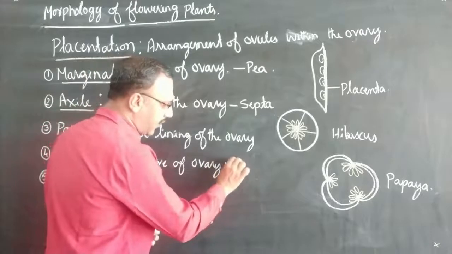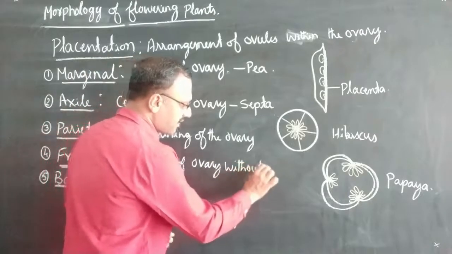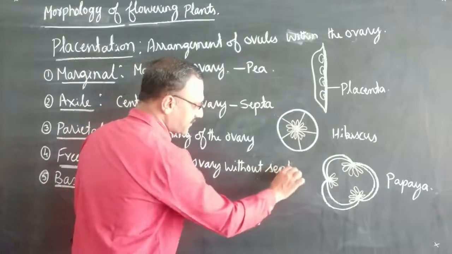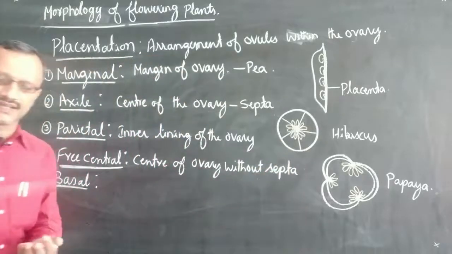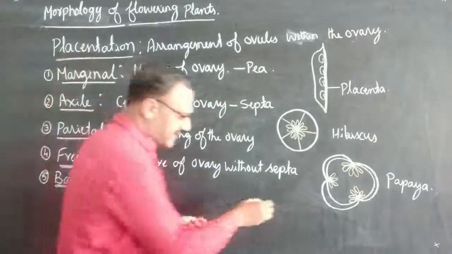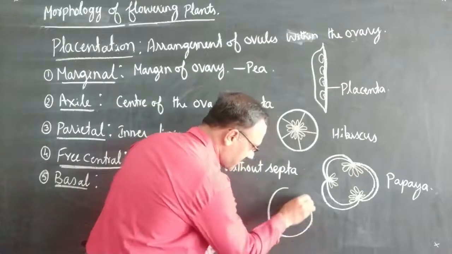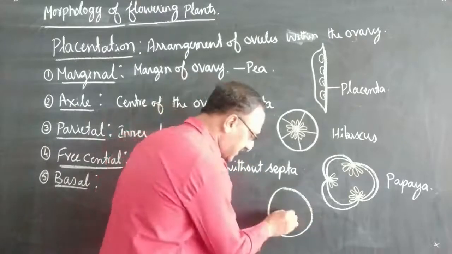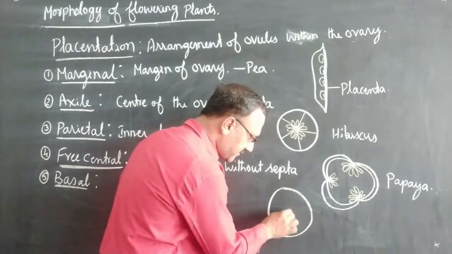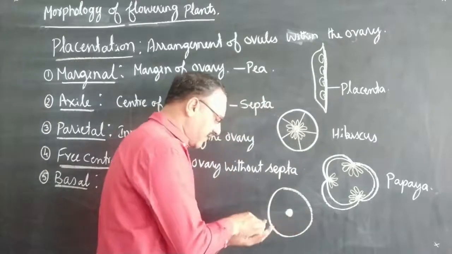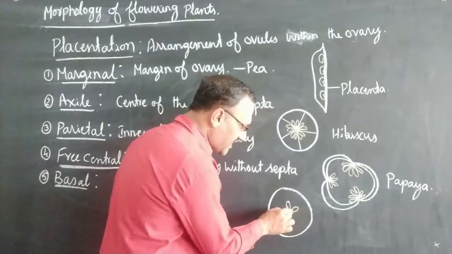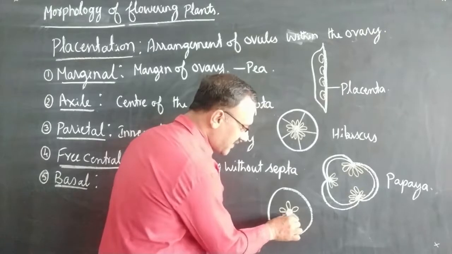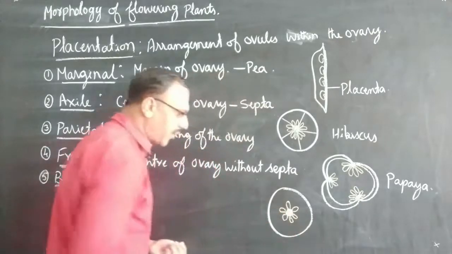Whereas in free central placentation, which resembles axial placentation, the placenta occupies the center of the ovary but without septa. There is no septa here. So in this case, the placenta occupies the center and a number of ovules are attached to it, but there is no septum found.